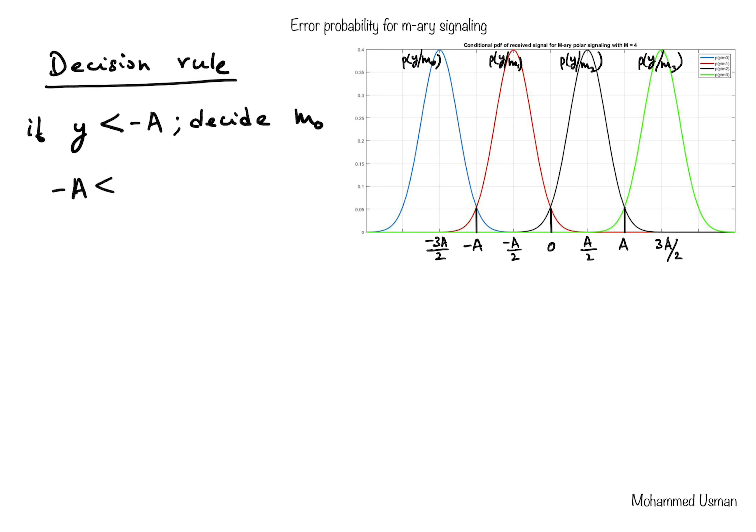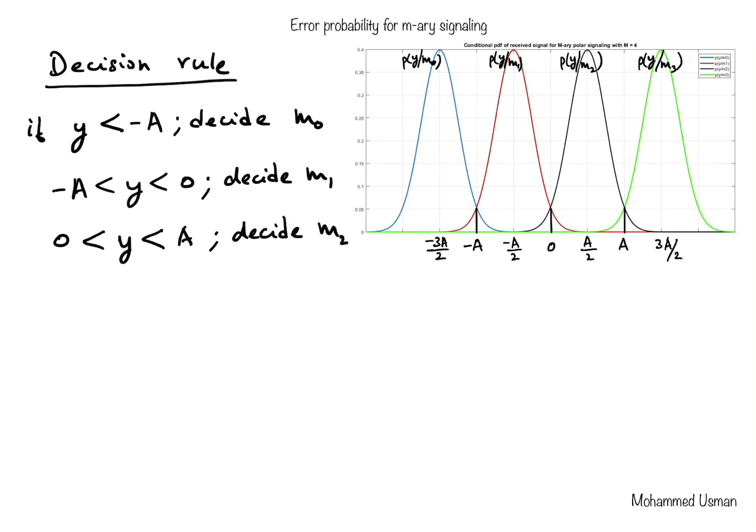When it is between 0 and A, then this black PDF has the largest area, so we will decide M2.